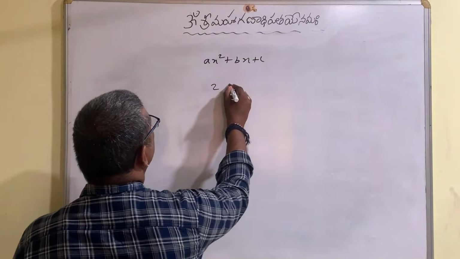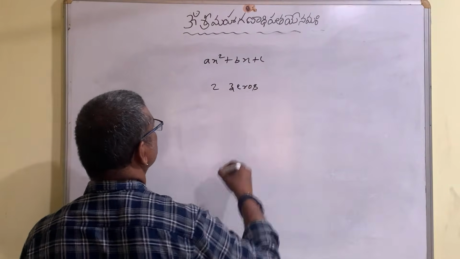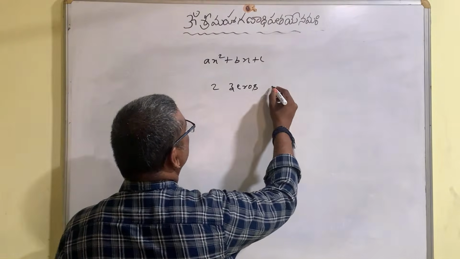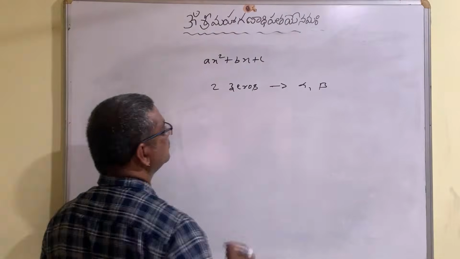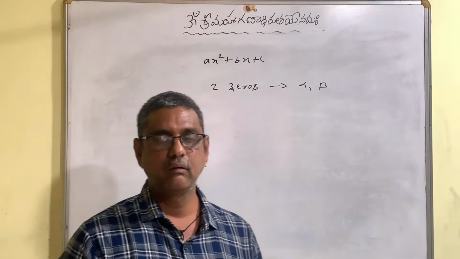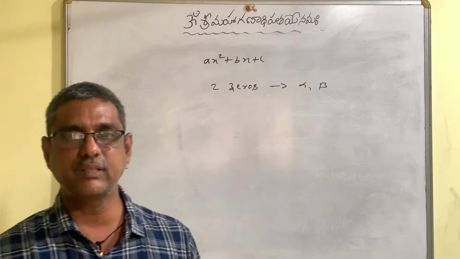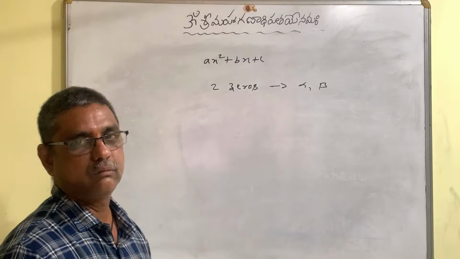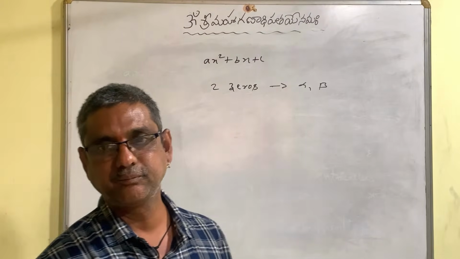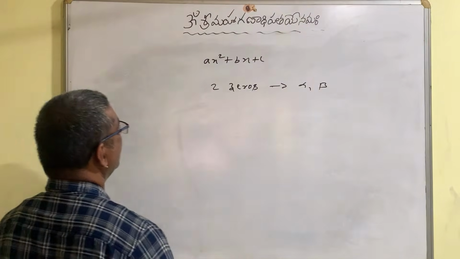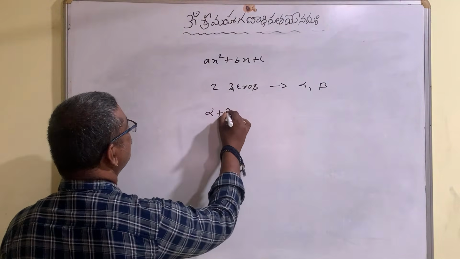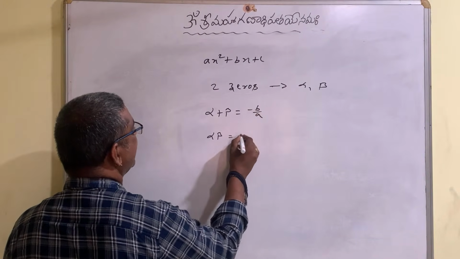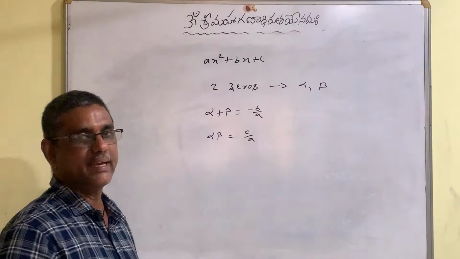It has two zeros, let them be alpha and beta. Every quadratic polynomial has two zeros. And we know the relation between zeros and coefficients: alpha plus beta is minus b by a and alpha beta is c by a.